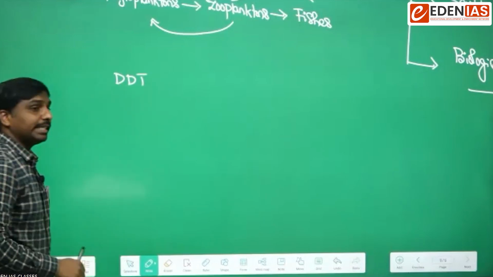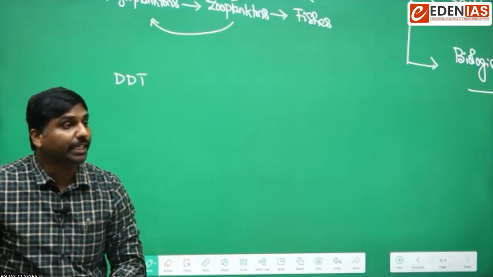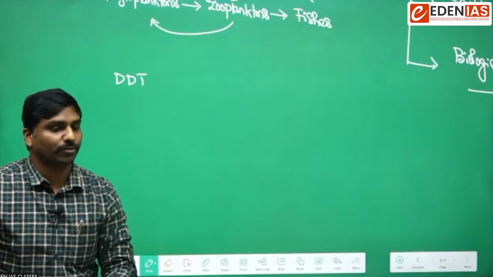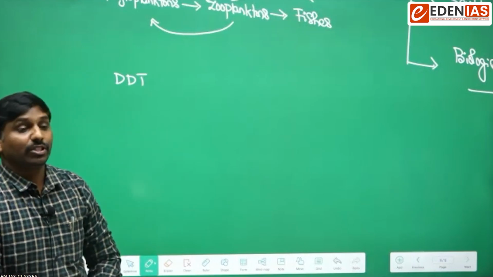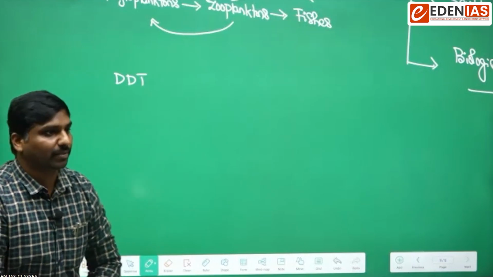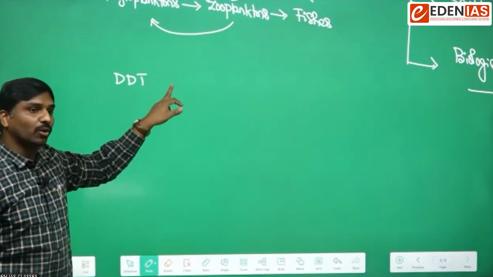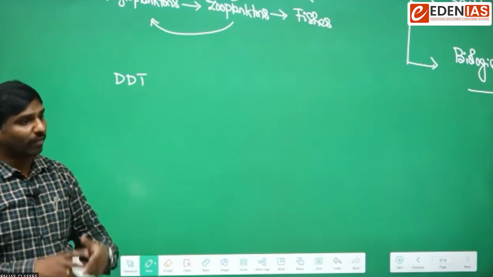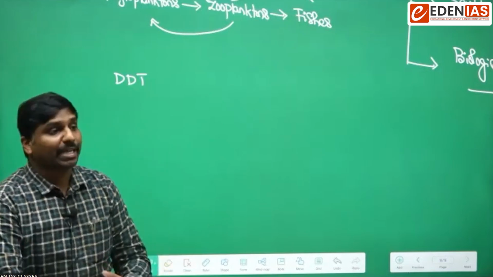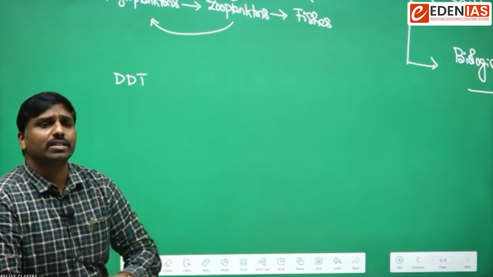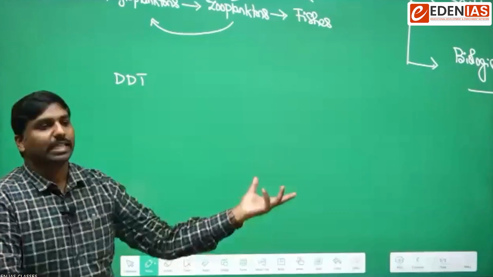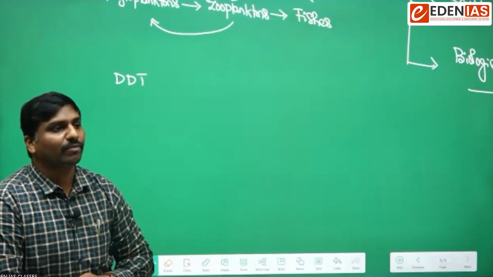DDT means dichloro diphenyl trichloroethane. It is a commonly used pesticide or insecticide, used for sanitation purposes.